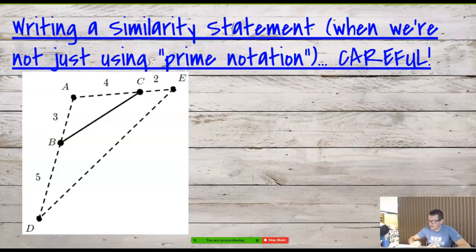So if I set up triangle ABC, well, let's check. 4 extends to what?